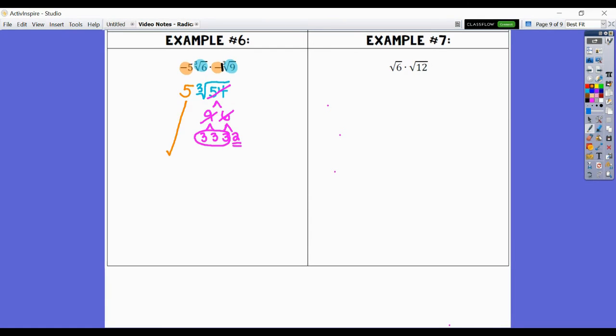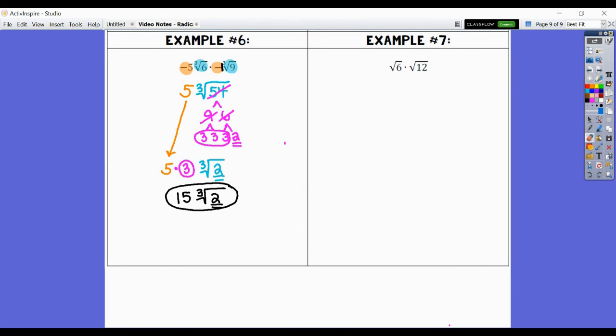I will not use them again. 5 is outside, and it will get multiplied with what I'm able to take out, which is my triple of 3's. Left inside underneath the radical is going to be the cube root of 2. From here, my final answer is 5 times 3 outside, making 15 outside the cube root radical of just 2. Final answer. Let's move on to our last example 7.